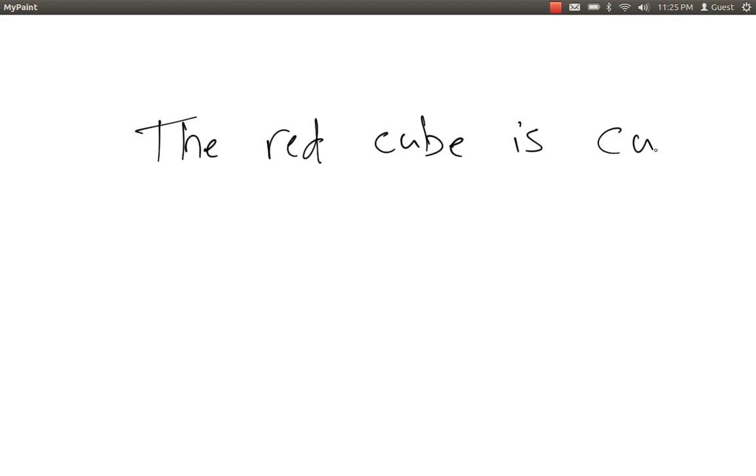Okay, so now let's take one easy example. And that example is we saw this before. The red cube is cute. How do you say this?